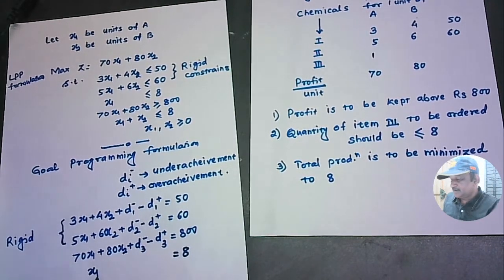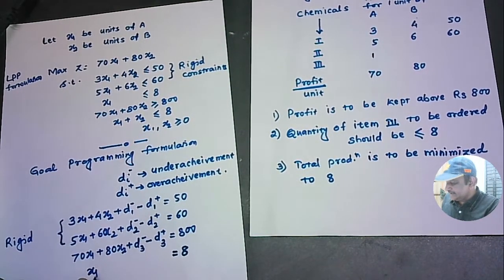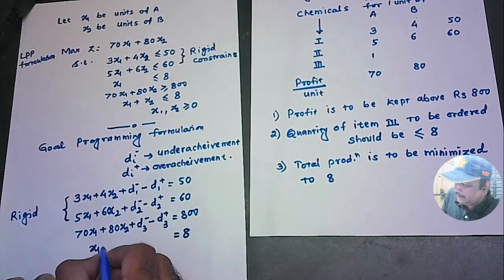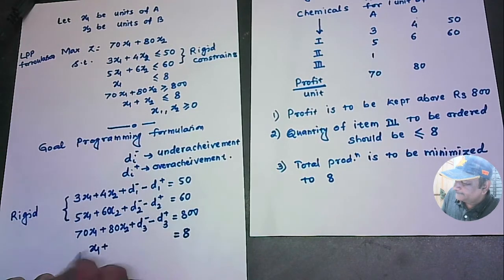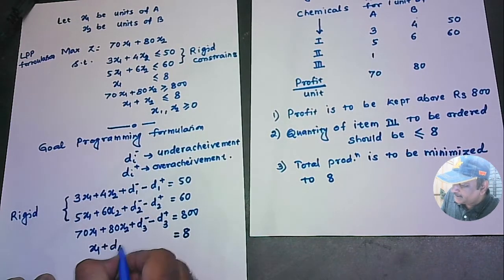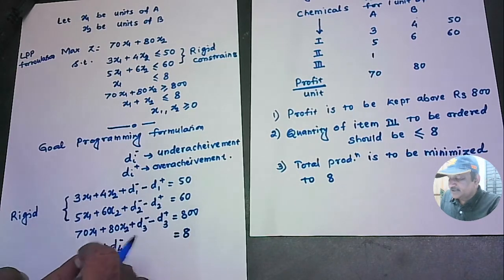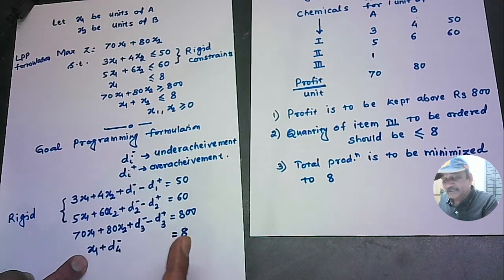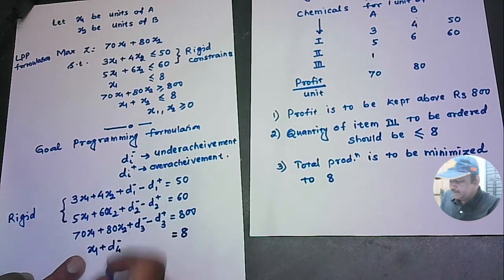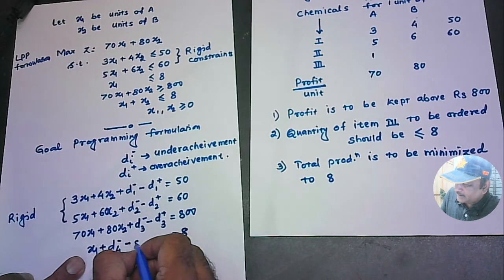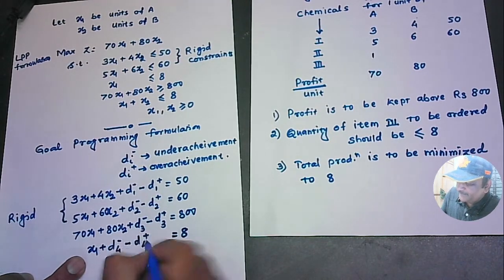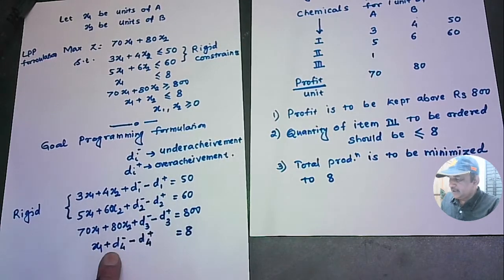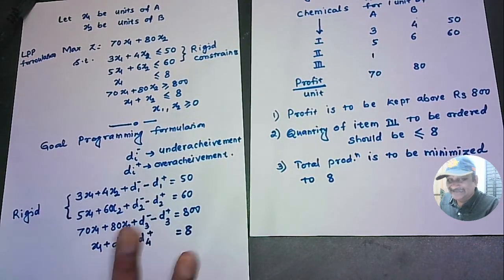Now if this quantity is less than 8, then to bring equality I will have to add d4 minus. And if this becomes greater than or equal to 8, then I will have to subtract d4 plus. Once again, I repeat that either of these two will exist.